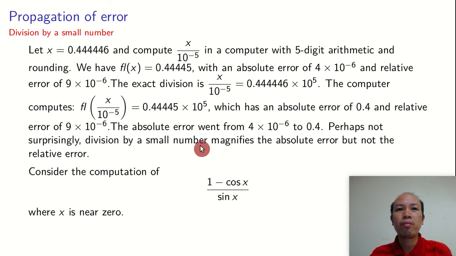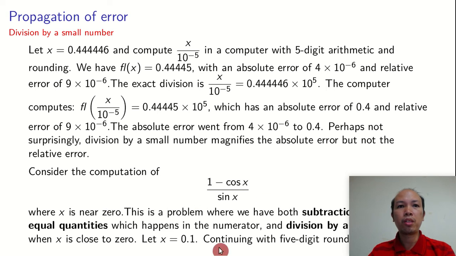So let's consider this again. This is very familiar in trigonometry. Consider the computation of 1 minus cosine x over sine x, where x is near 0.